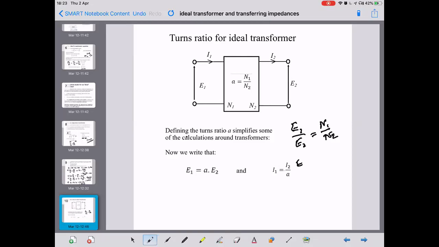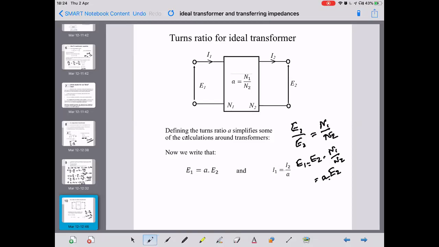So E1 is E2 times N1 over N2. If we call N1 over N2 A, it equals A times E2.